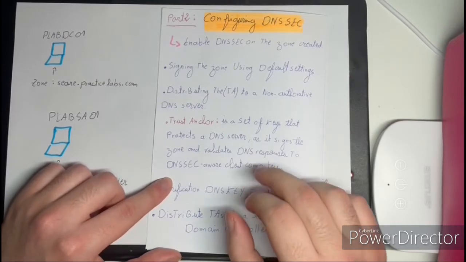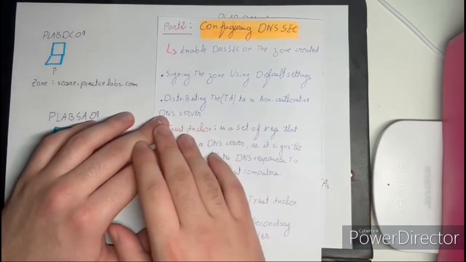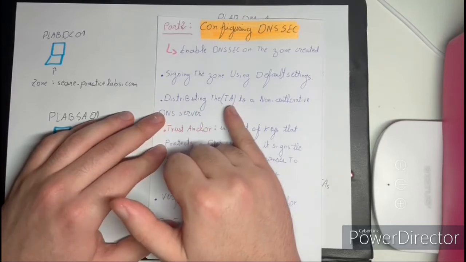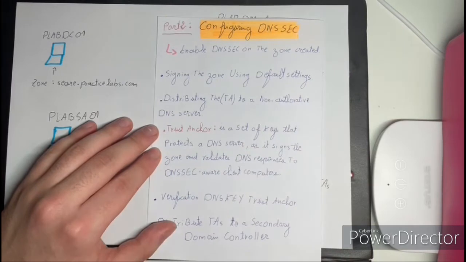So then comes the stage where we'll be distributing the TA, or trust anchor, to a non-authoritative DNS server.